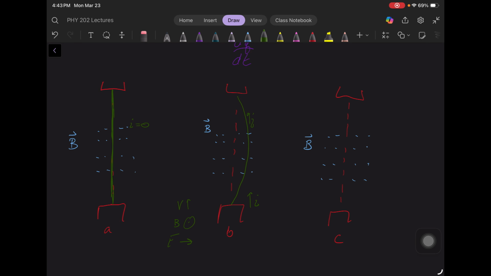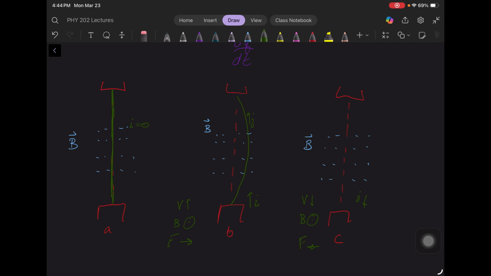Now, if we were going to have the current going the other way, now the velocity is down, the magnetic field's still out of the page, so if we point down towards ourselves, middle finger comes up, we get the forces to the left, right? Shouldn't be a huge shock. You flip one of the vectors in a cross product, you just flip the result, right?